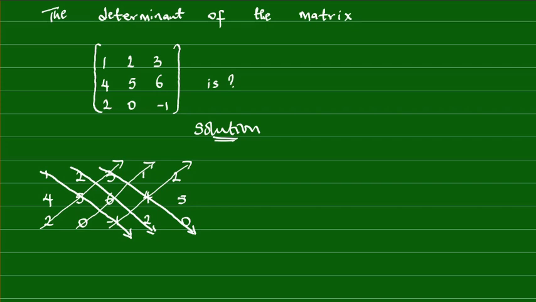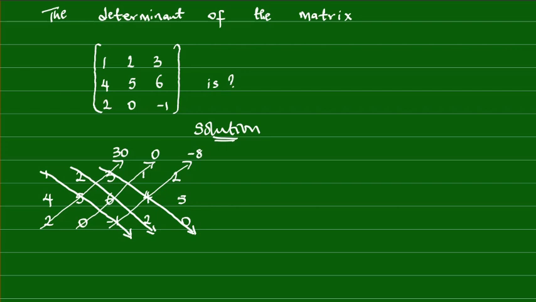Okay, now what we'll do is proceed to multiply the elements falling within each diagonal line. So we'll have 2 times 5 times 3. This gives us 30. Next, we'll have 0 times 6 times 1. This gives us 0. Next, we have minus 1 times 4 times 2. This gives us minus 8.